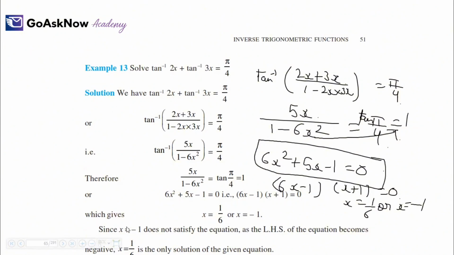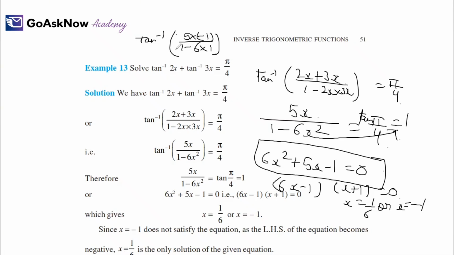Since x is equal to minus 1 does not satisfy the equation, you can see here, if you substitute x equal to minus 1, it will come as 5 into minus 1 upon 1 minus 6 into 1.